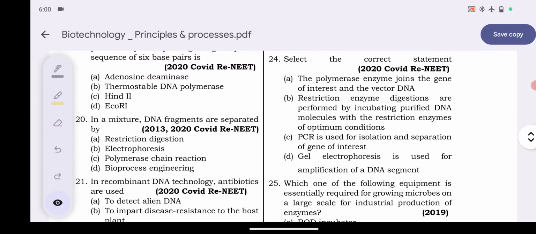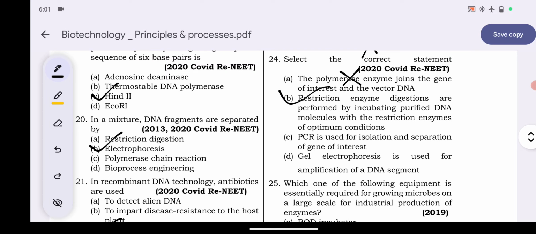Question number 24. State the correct statement. Option A, the polymerase enzyme joins the gene of interest and the vector DNA. It is the wrong one. Option B, restriction enzyme digestions are performed by incubating purified DNA molecules with the restriction enzyme at optimum condition.